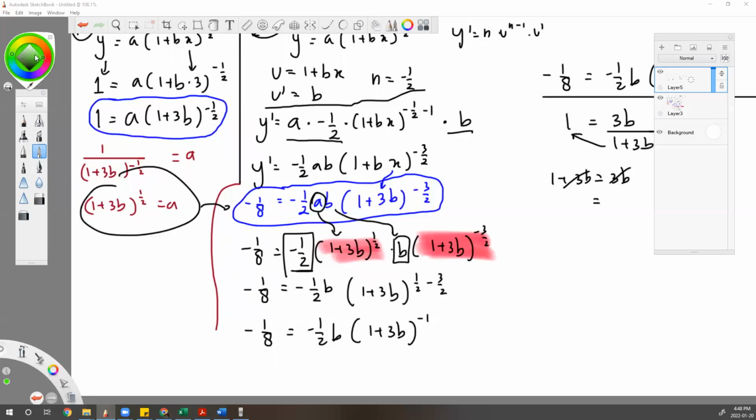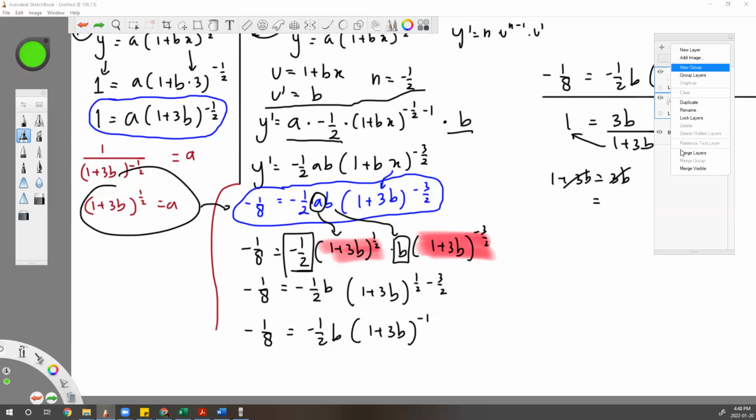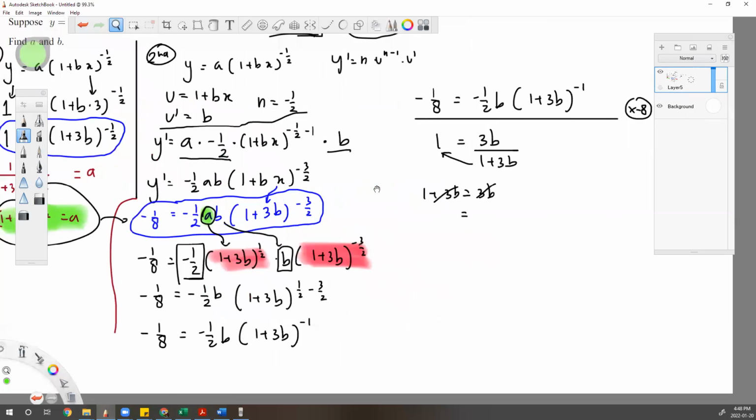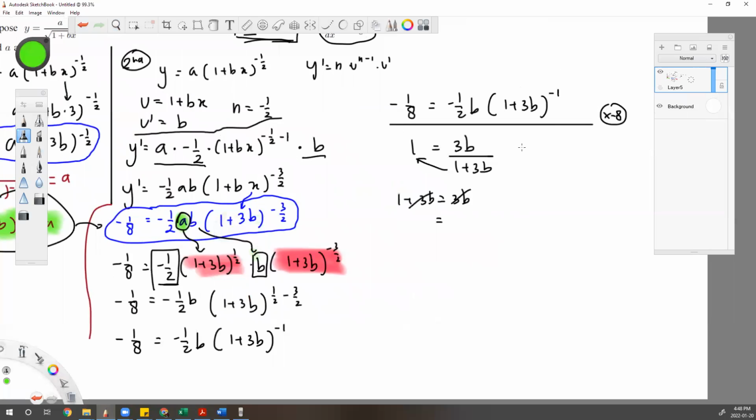So I have to check because I think I got some problem here. Because the b is crossed out, that's the problem. This a will be this a, right? So negative half b, 1 over 2 minus 3 over 2 is negative 2 over 2, or negative 1. And then you can cross it with 8.